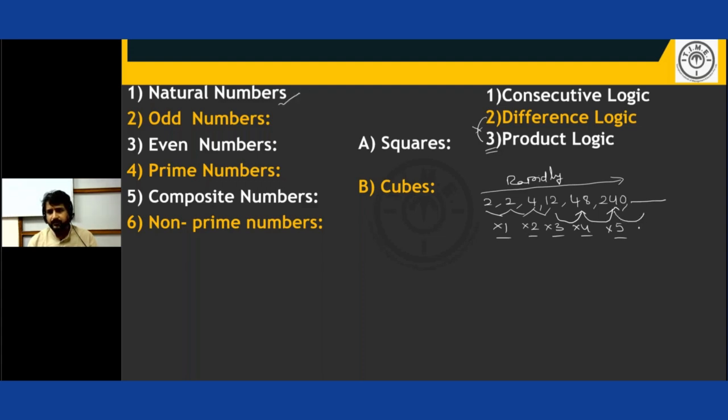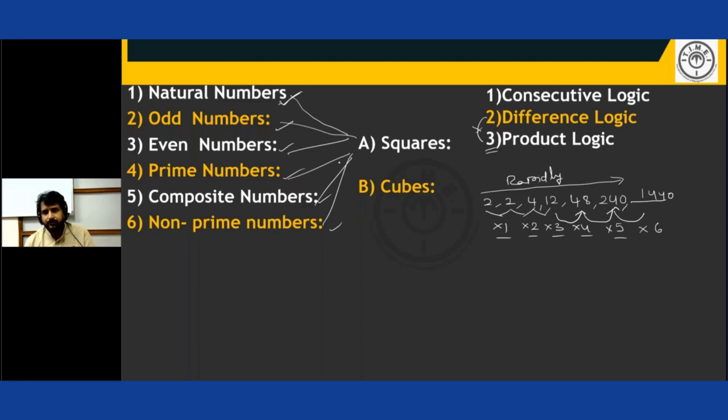What is after 5? 6. So 240 into 6, 1440, consecutive natural numbers. So the product may happen with consecutive odd numbers, even numbers, prime numbers, composite numbers, non-prime numbers. Or the product may happen with squares of natural numbers, squares of odd numbers, squares of even, squares of prime, squares of composite, squares of non-composite. Right.